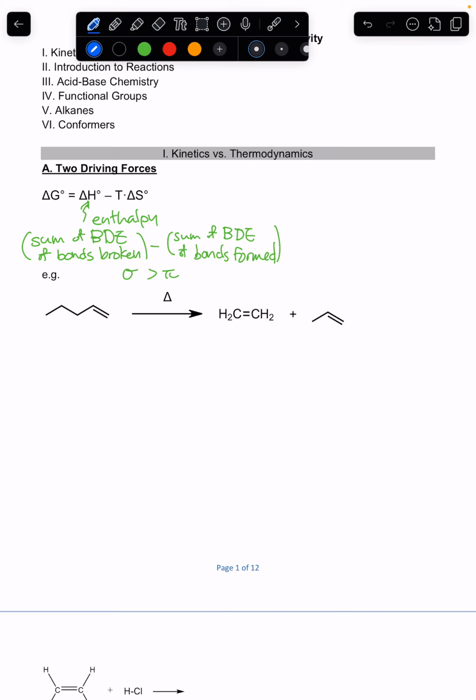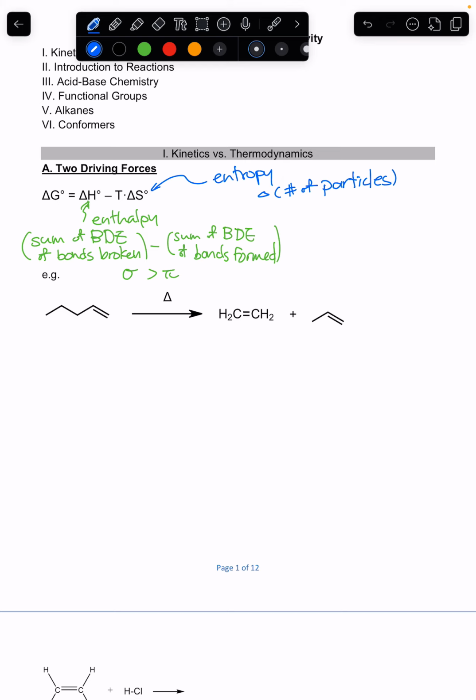Okay. The other factor, of course, is the entropy. You might remember from general chemistry, the second law of thermodynamics: everything wants to increase in entropy, everything wants to become more chaotic. That's favored. So in a chemical reaction context, that usually means you look at the difference, delta means difference, in the number of particles before and after the reaction.